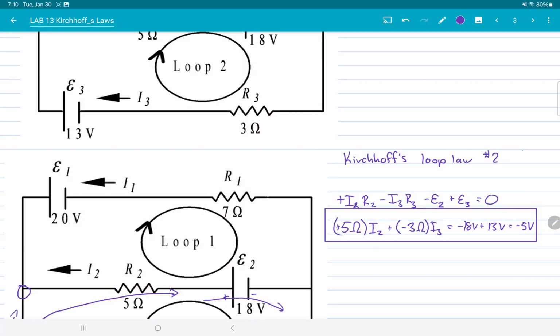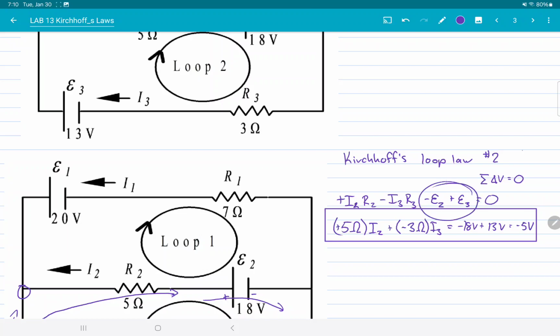So if we go around the loop, we should end up with 0 voltage change. All of these change voltage along the way, but the sum of all those voltage changes should be nothing if we end up exactly where we start.